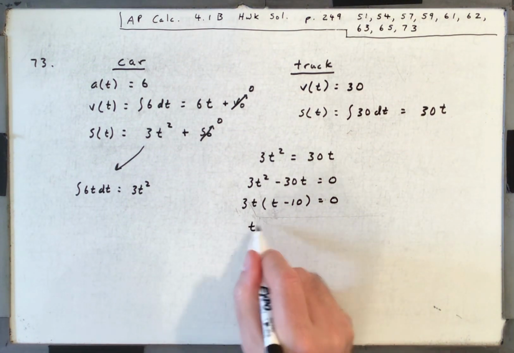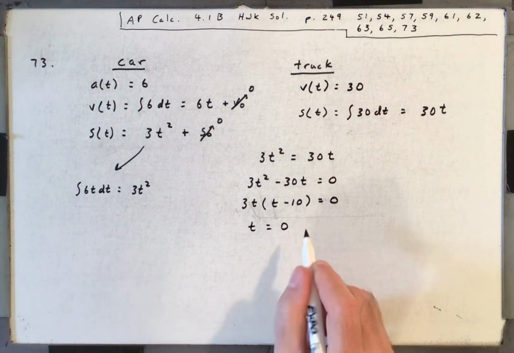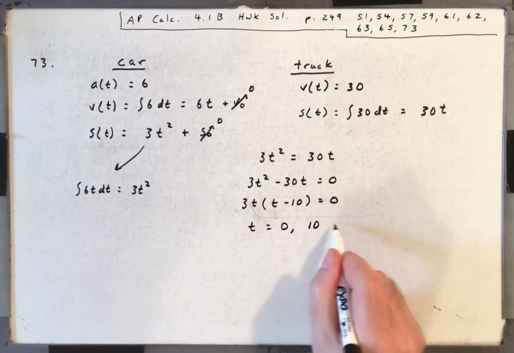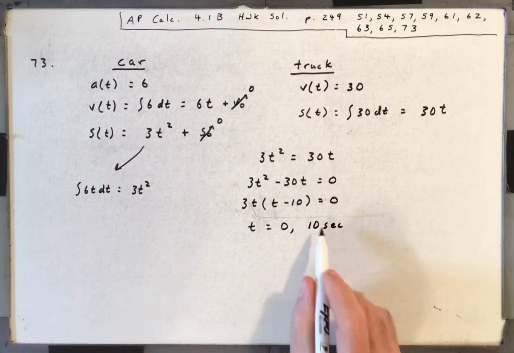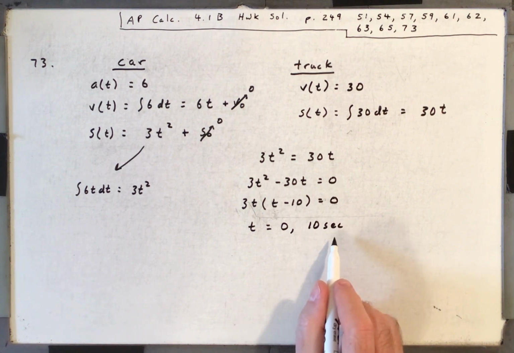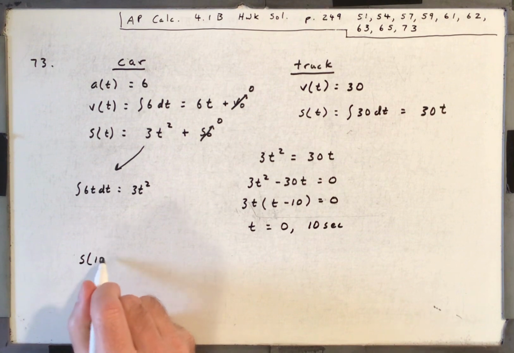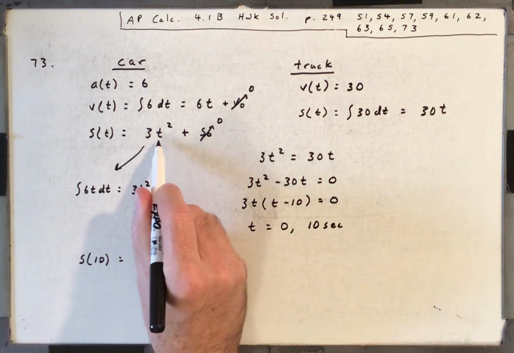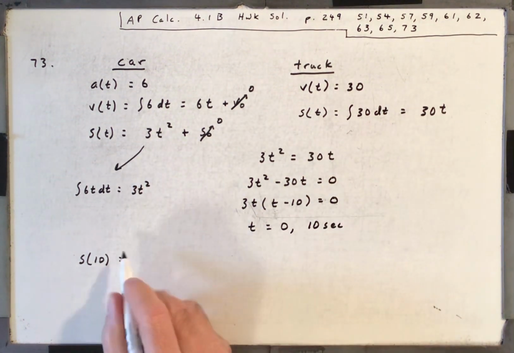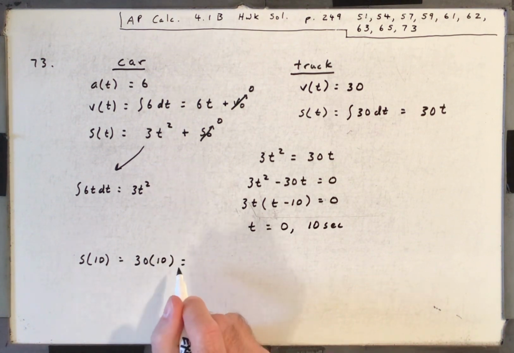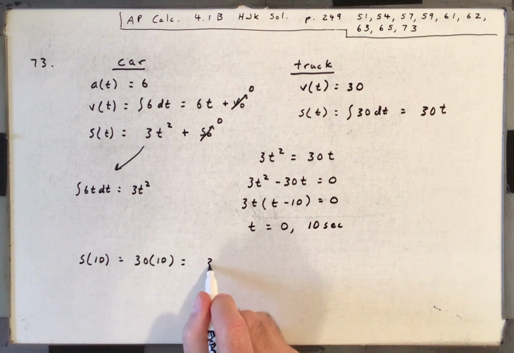So t is going to be 0, so at 0 seconds their position is equal, but that's not of interest, and 10 seconds. So 10 seconds is the key here. So how far, what's S of 10? You could plug it into either one, 3t squared or 30t. I think I'll do 30 times 10, which is 300 feet.